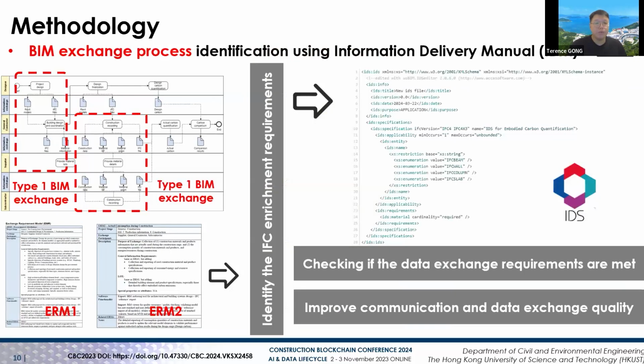Also, we want to make sure the BIM exchange process identification works well, like checking whether the data exchange requirements are met, so that further carbon emissions data tracking can be done. We developed the IDM, the Information Delivery Manual, to improve communication and data exchange quality. After all this data is checked, we put it into the blockchain system to make sure the carbon-related data can be tracked.